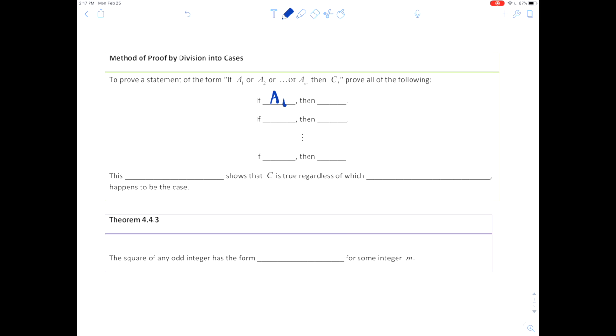So if A1, then C. If A2, then C. And then all the way down to if A sub n, then C. This process shows that C is true regardless of which one of the cases you're on. So it could be A1, A2, all the way down to A sub n. Happens to be the case.